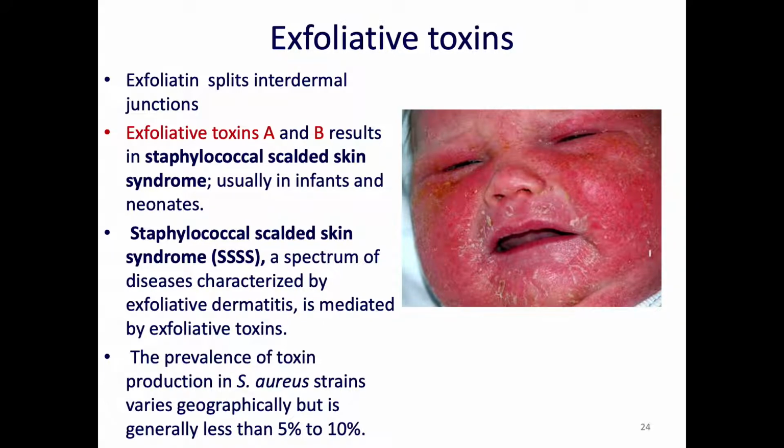When we say Staphylococcus aureus strains produce exfoliative toxins, it is linked to geography. For example, in Georgia, you may have a lower percentage of Staphylococcus producing exfoliative toxin than in, for example, Armenia or Azerbaijan.